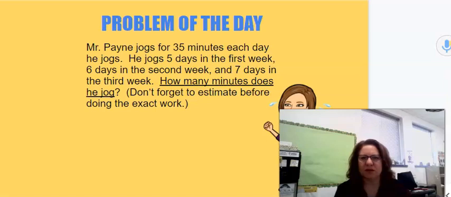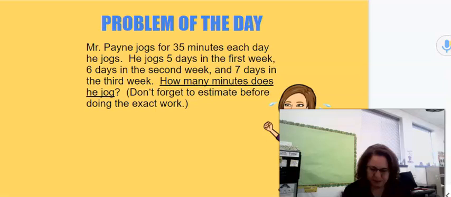Okay, so we know that Mr. Payne jogs for 35 minutes each time he jogs. 5 days in the first week, so week 1, he jogs 5 days. 6 days in the second week. I'm going to put week 2, he jogs 6 days.